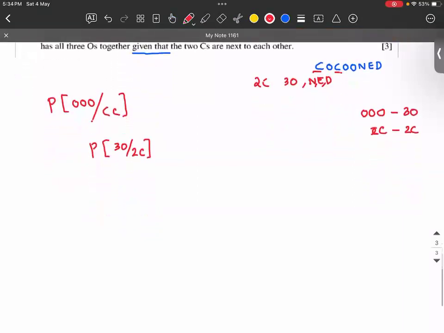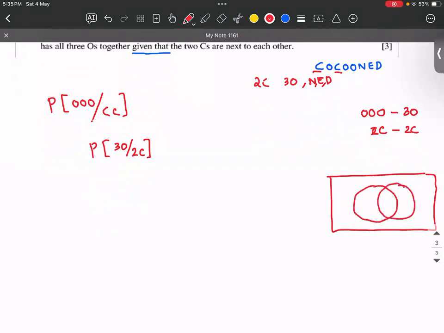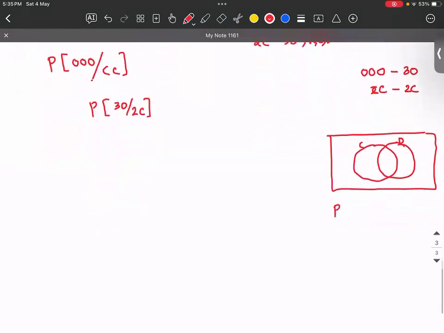We know the idea about conditional probability, correct? Suppose you're considering 2 events, say C and D. And if you want to find the probability of C given D, how will we find this? The probability of C given D is the probability of C intersection D divided by the probability of D. So this is the idea, correct?